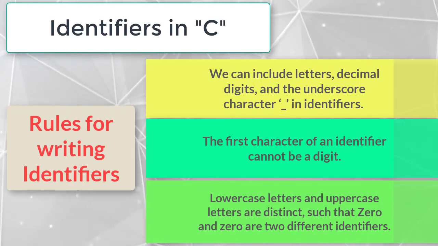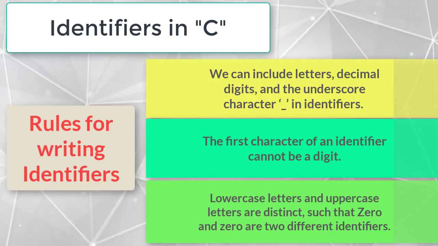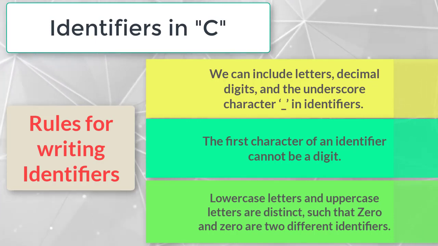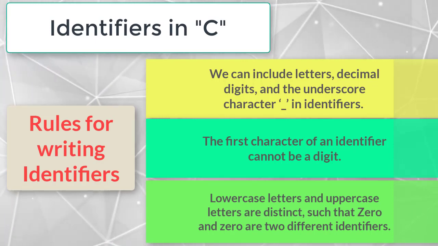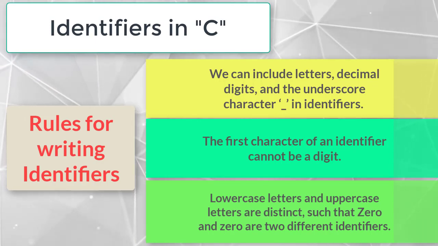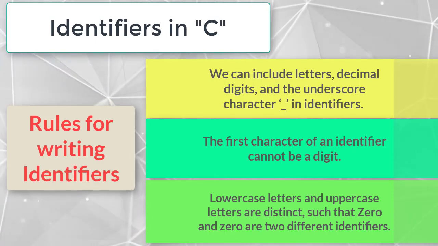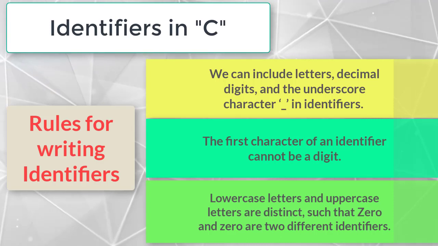You can write with your own choice, but a few rules are there. What are these rules? First, we can include letters, decimals or underscore in identifiers. That means letters like ABCD, decimals 0 to 9, and underscore.